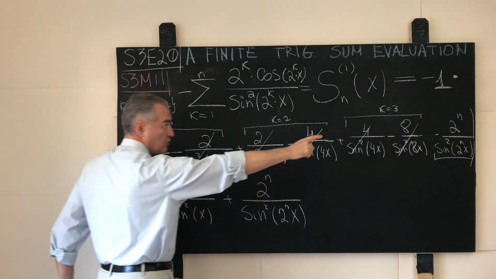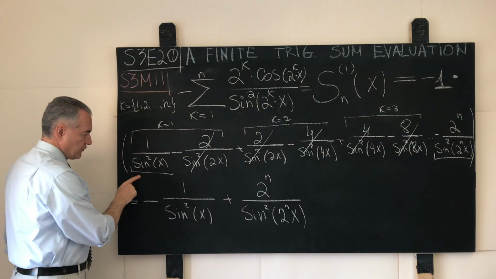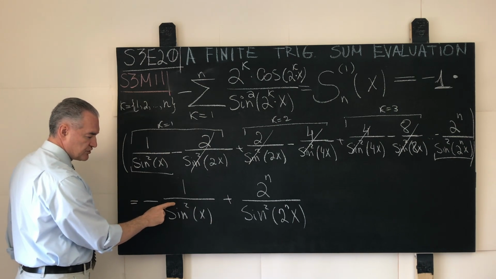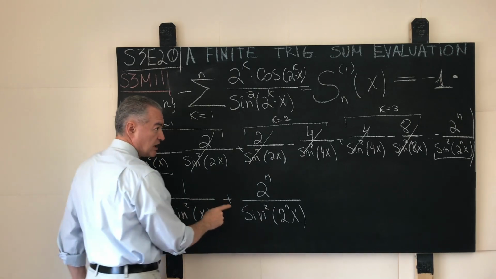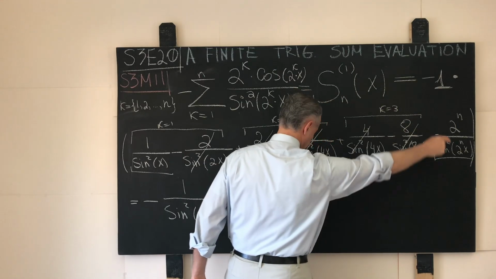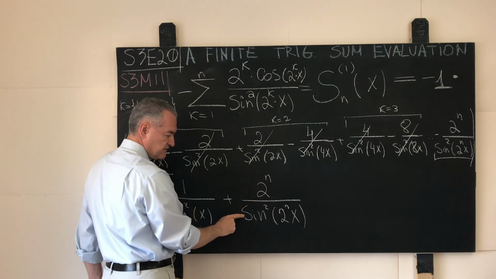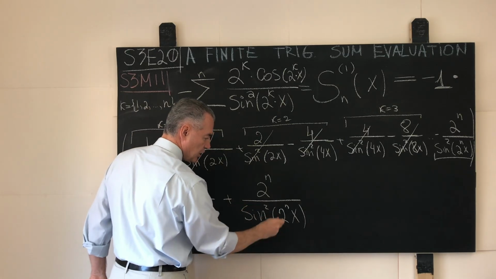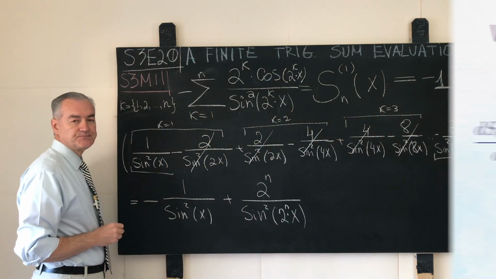Well, now once we take out negative 1 and bring it in, the first summand over here will be with the negative sign, minus 1 over the value of the trigonometric function of sine squared evaluated at the argument x, plus, because remember the last unzipped summand has the minus in front of it, minus times minus is plus, so plus 2 raised to the power of n over the value of the trigonometric function of sine squared evaluated at the argument 2 raised to the power of n times x.